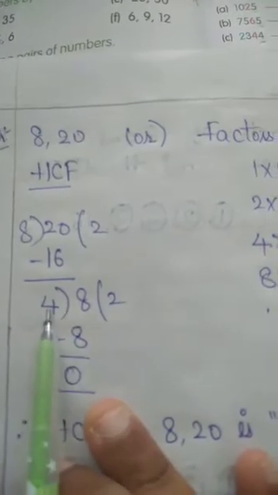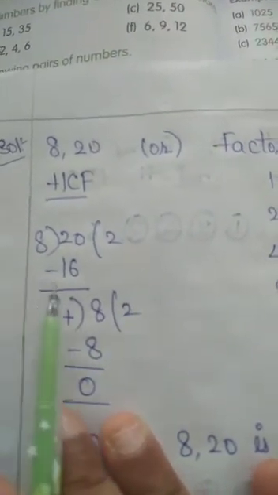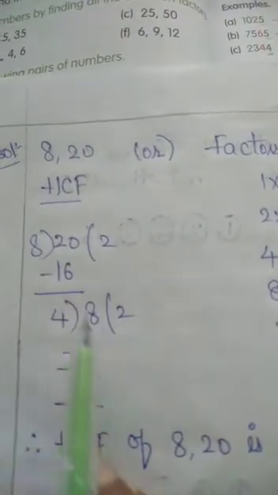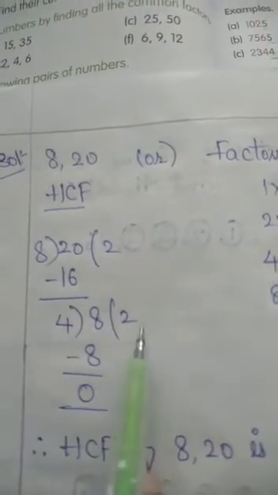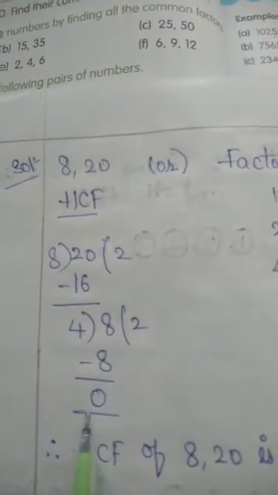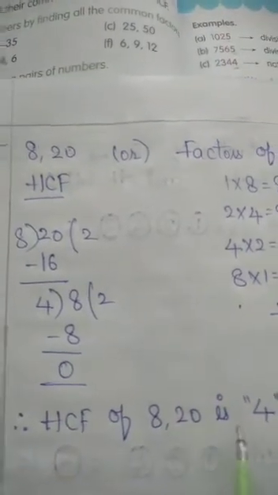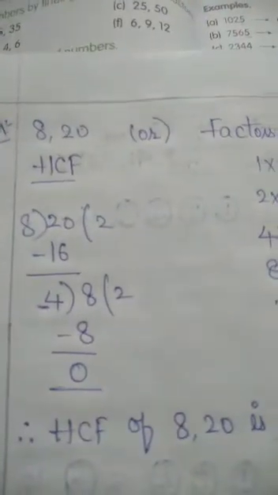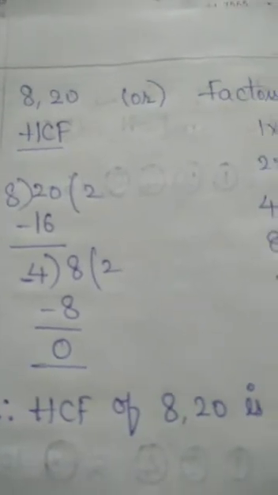So we cannot divide further, so the old divisor becomes the new dividend and 4 becomes the new divisor. 4 twos are 8. 8 minus 8 is 0. So HCF of 8 and 20 is 4, because the last divisor is the HCF. The full form of HCF is highest common factor.